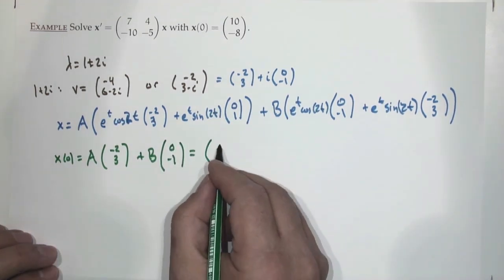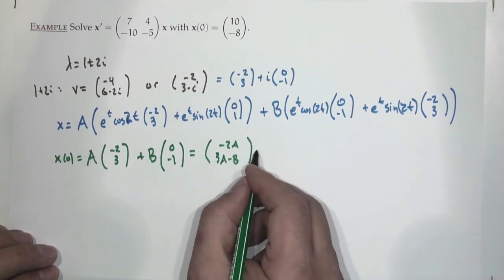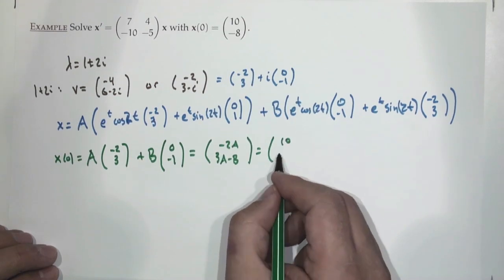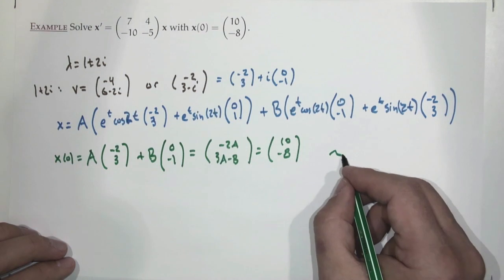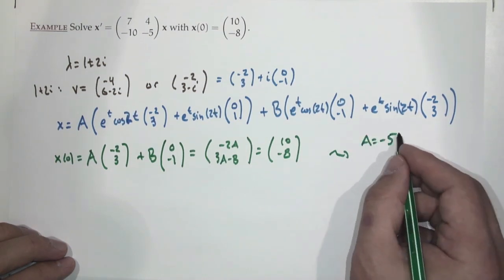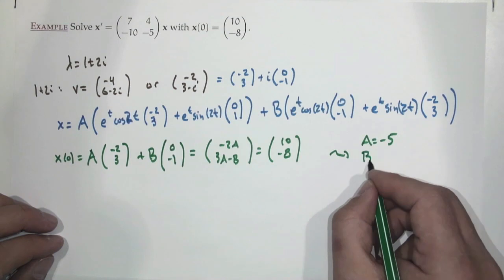So note this is -2a on the top, 3a minus b on the bottom, and that's supposed to equal [10, -8]. Can we use this to solve for a and b? So what is a? 2a equals -10, a equals -5. We know a equals -5. -15 subtract b equals -8. What is b? -7.